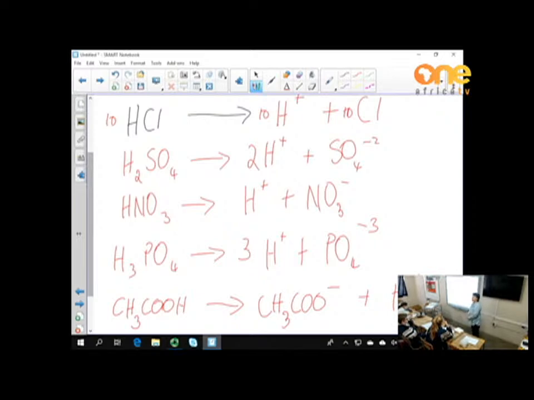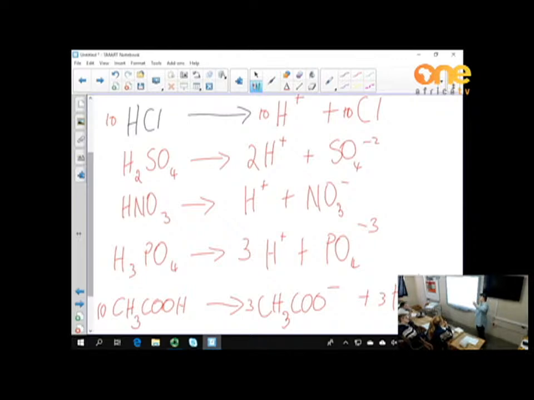It means it'll ionize partially, implying if I took 10 molecules of vinegar, maybe 3 will ionize. The other 7 are going to remain in that form. Okay? So strong acids ionize completely. Weak acids ionize partially.